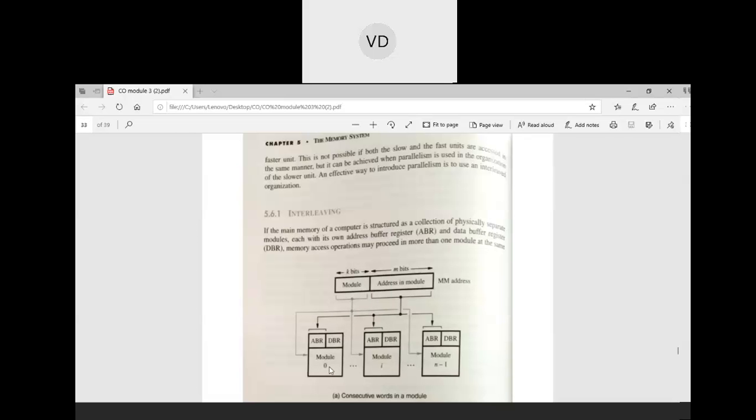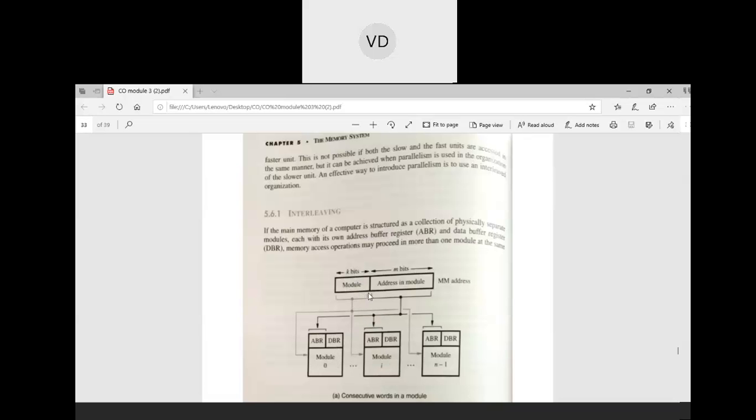If the data is present in successive modules, then it will be difficult to access, because first I have the module address, then the address in the module. First k bits, then m bits. That is why it becomes difficult. If the addresses are in 4000 and 5000, I have to change the k bits, and only then can I go to the successive addresses. In general, only one module is active at a time.